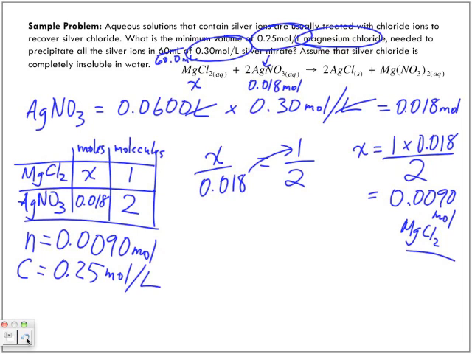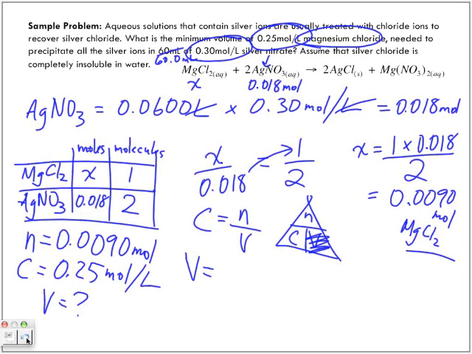We're being asked the minimum volume, so the volume is our unknown. According to the equation, C is equal to N over V. Or if we look at it in terms of the pyramid, C, N, and V, we're trying to find V. So we cover up V, and it's the number of moles divided by the concentration. So volume is equal to N over C.